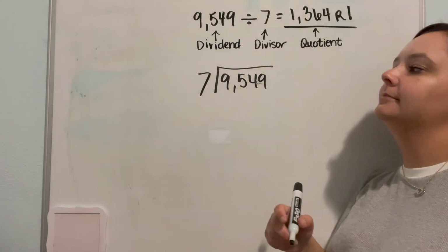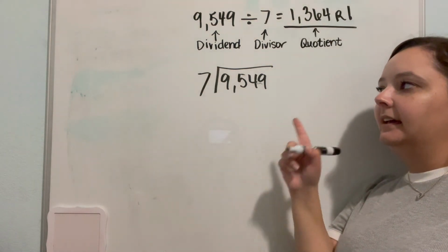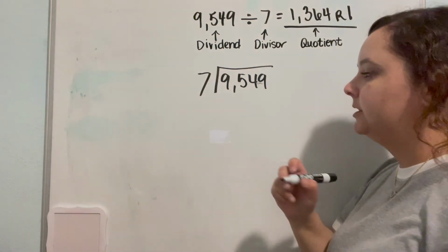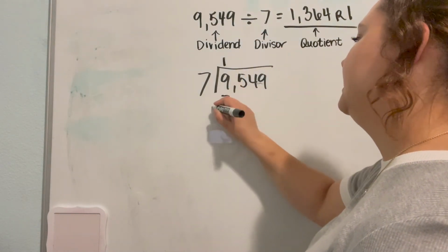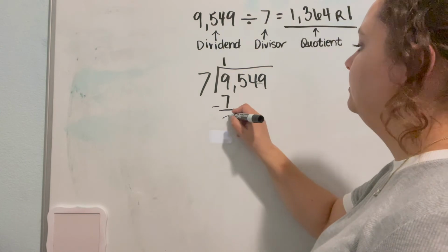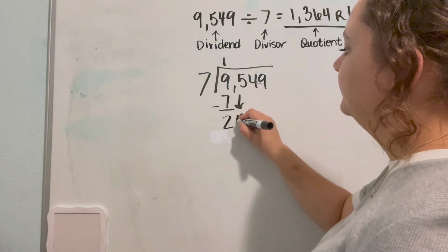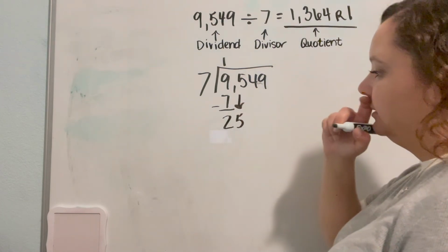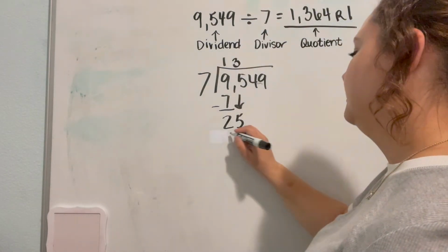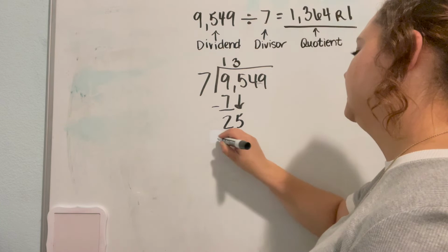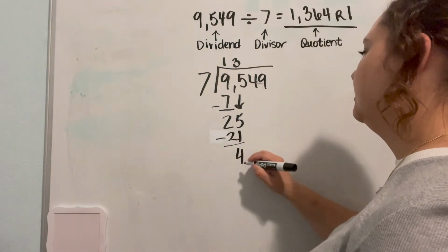And we're going to start. So 9 can be divided by 7 at least one time. So I'm going to put my 1 on the top, my 7 right here, and I'm going to subtract. 9 minus 7 is 2. Bring down my 5. 7 can go into 25 at least 3 times for 21. We end up with a 4 left over.